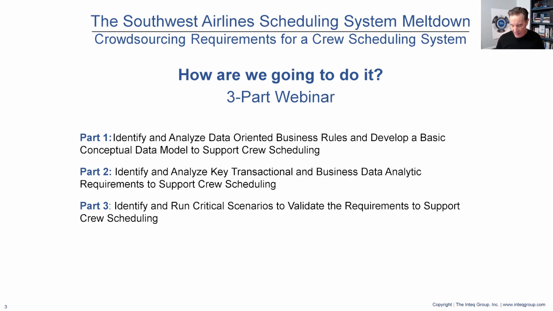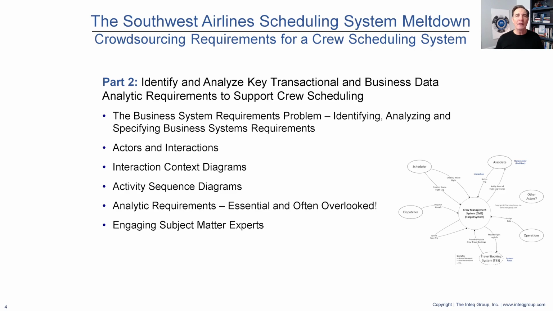So let's talk about what we're going to do here in part 2. I call it the business systems requirements problem, and there are 3 concepts here: identifying, analyzing, and specifying requirements. Those are 3 different concepts, different techniques, different things we do. We're going to talk a little bit about identifying requirements and analyzing requirements, particularly in the space of crew scheduling.